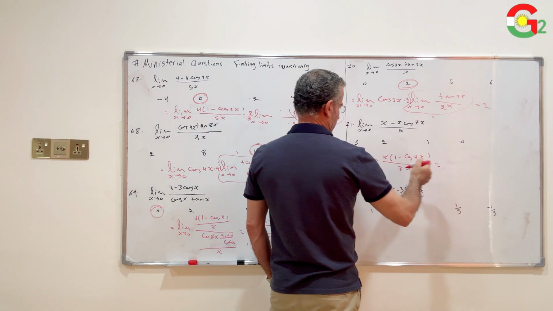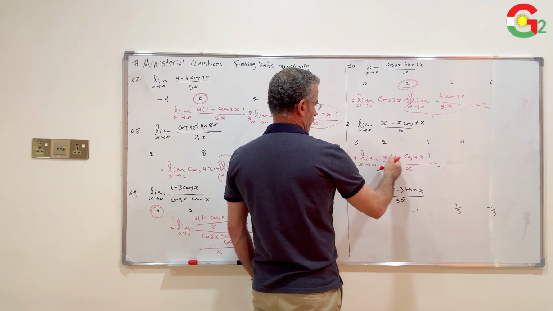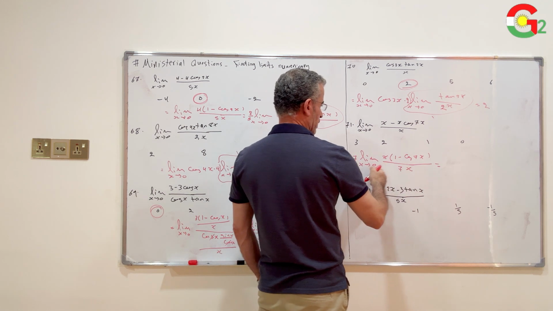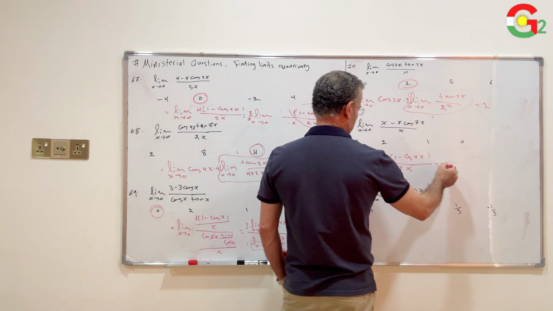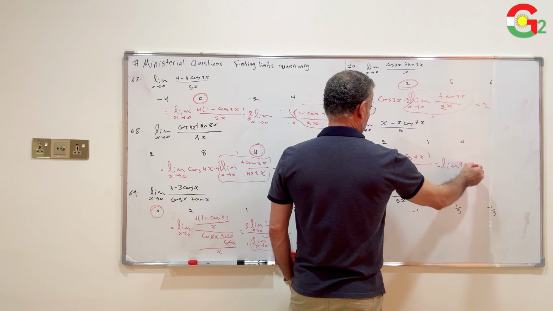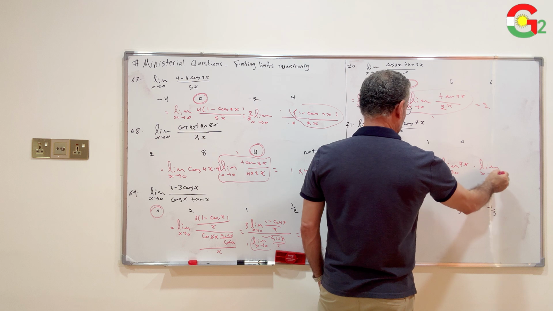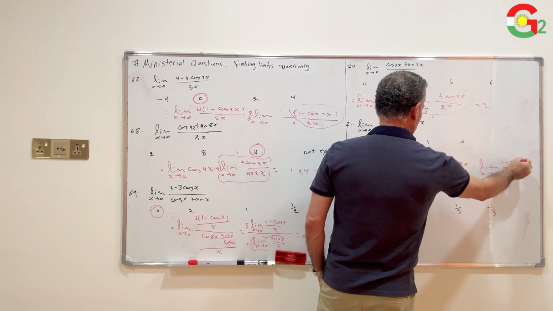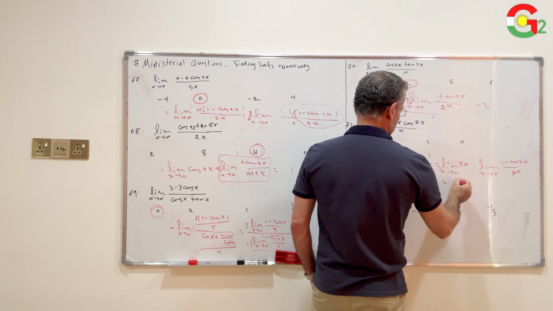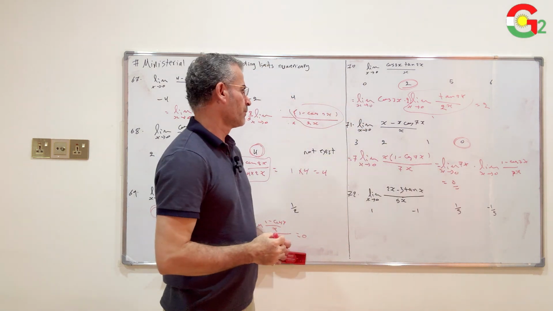Then the limit of 1 minus cosine 7x over 7x when x approaches 0 is 0. Let me rewrite it as the limit of 7x when x approaches 0 times the limit of 1 minus cosine 7x over 7x, equal to 0 times 0 equals 0. The right choice is 0.